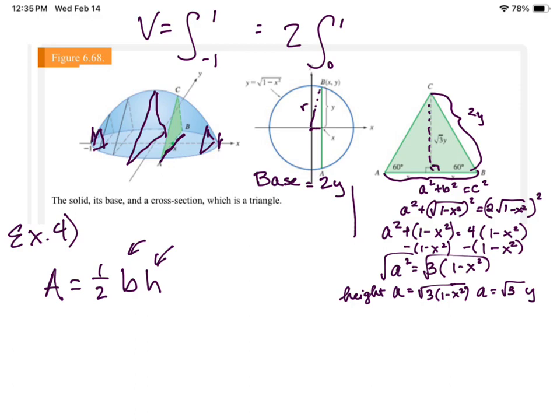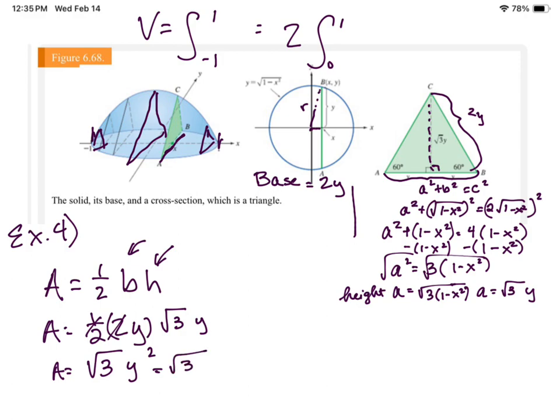So your area equals 1/2 base times height. The base was 2y and the height was square root 3 y. Well, my half and my 2 cancel. If I simplify that, I get square root 3 y squared, which equals square root 3 times, what's y?